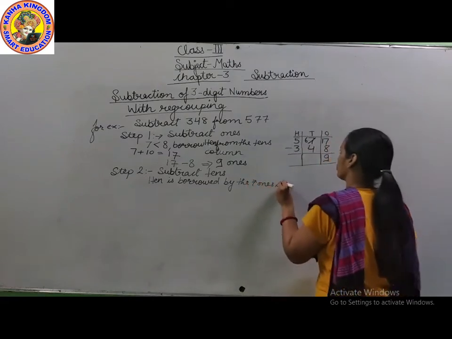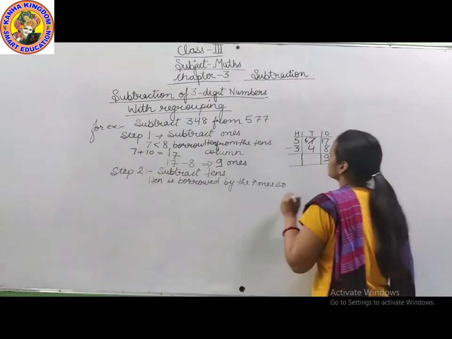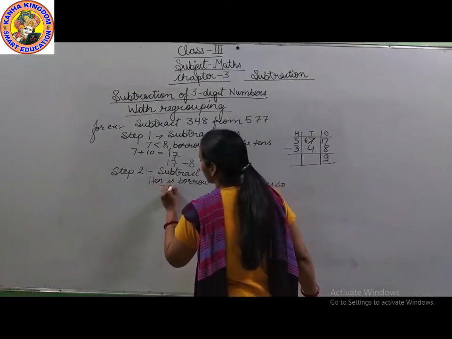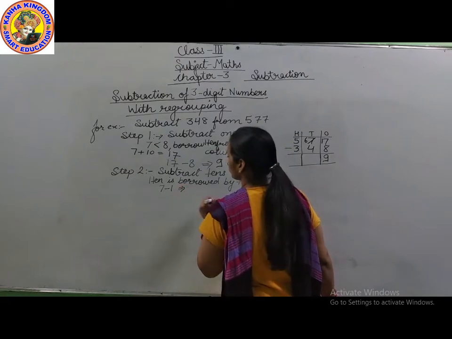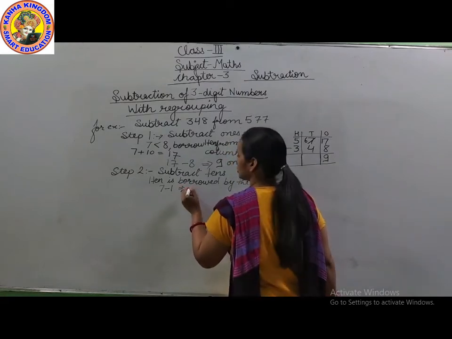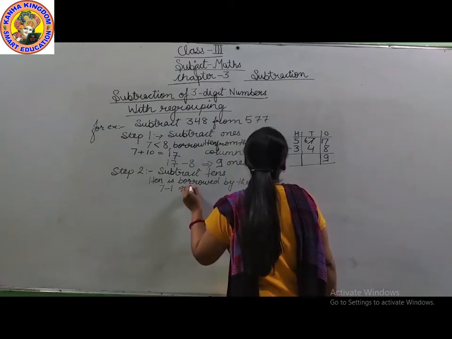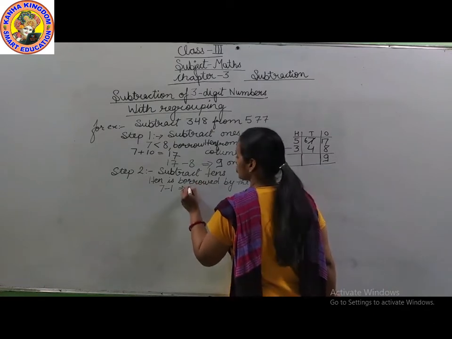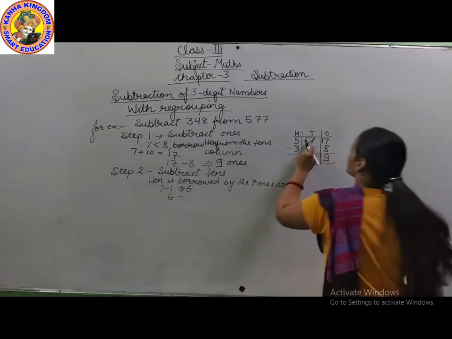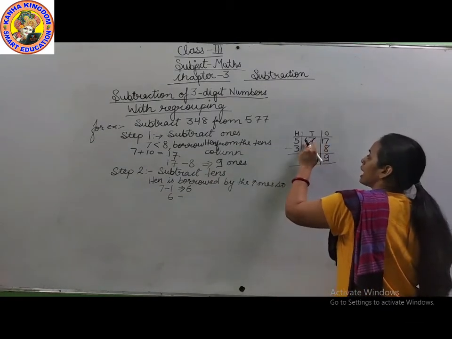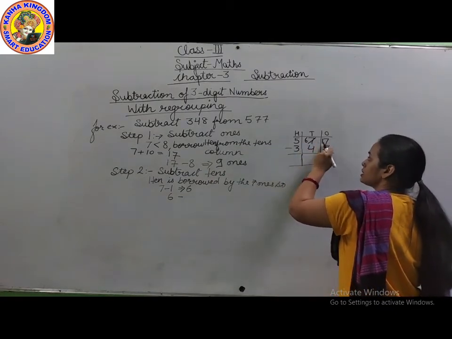So 7 minus 1 equals 6. So 6 tens, 1 ten borrowed by the ones from the tens column.